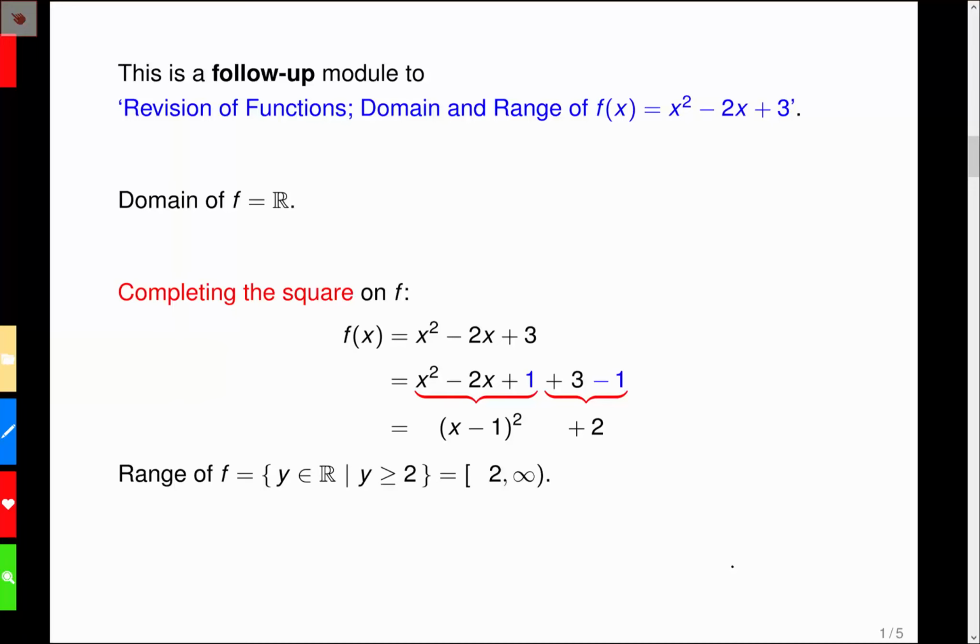We also showed how completing the square on this quadratic allowed us to more easily deduce the set of all the resulting outputs for the function, that is, the range. There, we worked out that the range was the set of all the real numbers greater than or equal to 2. In other words, this quadratic function will only output y values greater than or equal to 2.